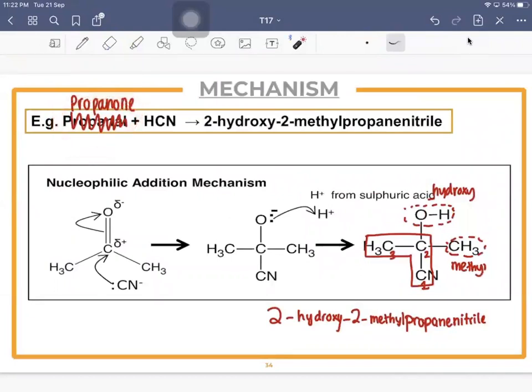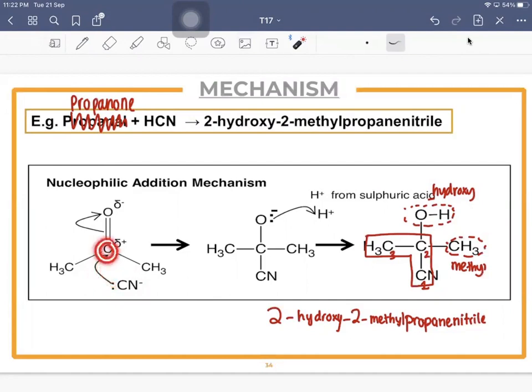Here's another example where you can use a ketone as well for your nucleophilic addition mechanism. The steps are the same. Your cyanide ions attack the slightly positive carbon, where it shares its lone pair to form a new carbon-carbon single bond.